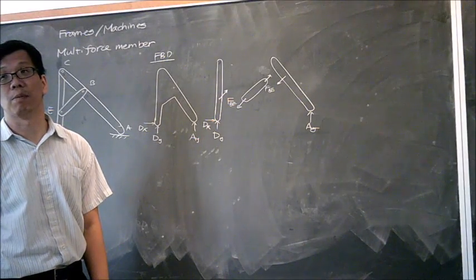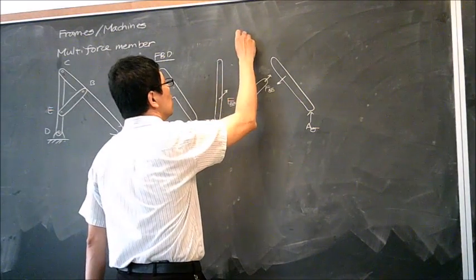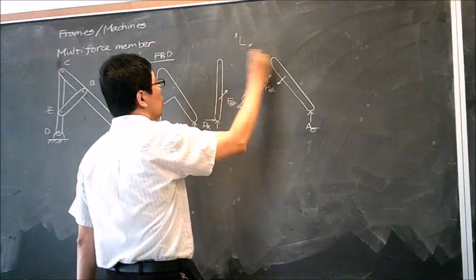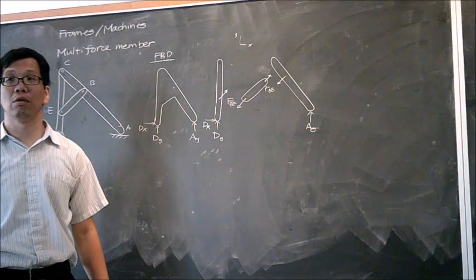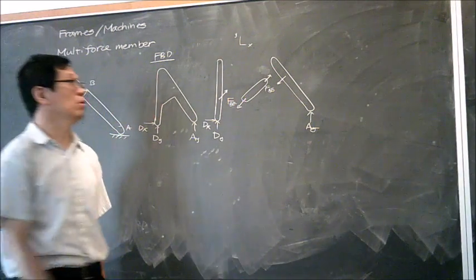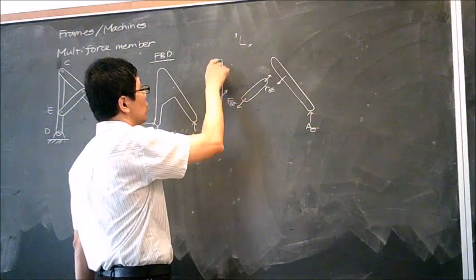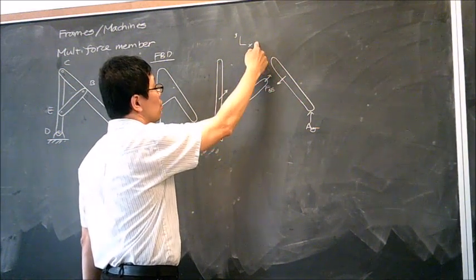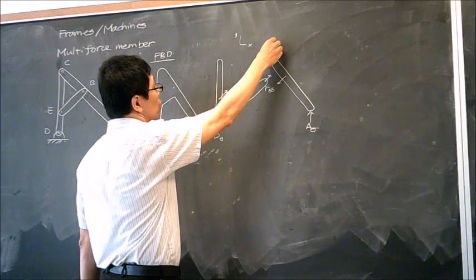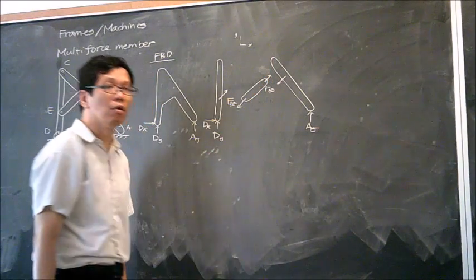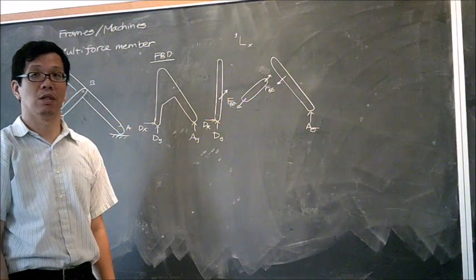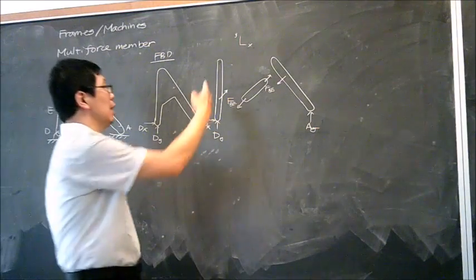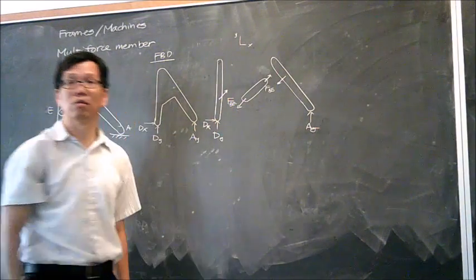They are zero force members, because along x direction it must be 0, which is not possible. If this force is in this direction, you won't be able to have a projection in this direction, which means your assumption is not correct.